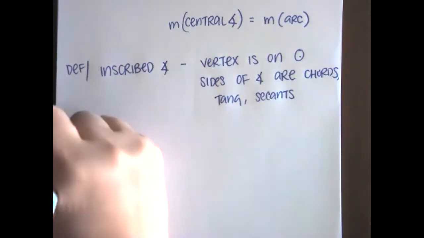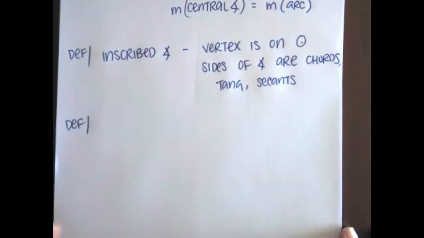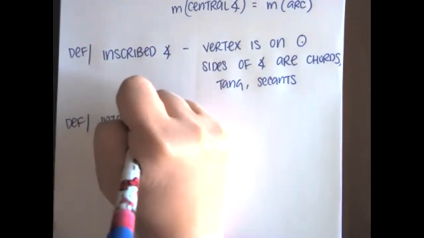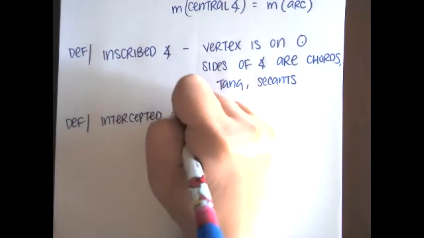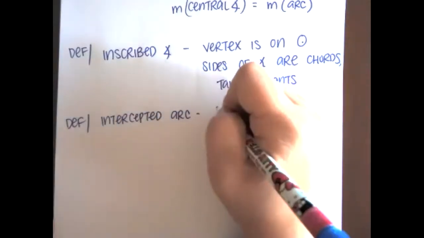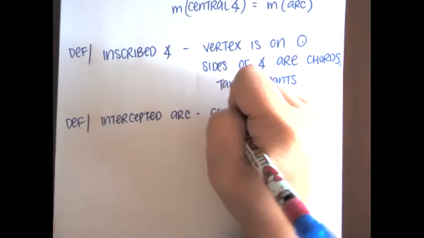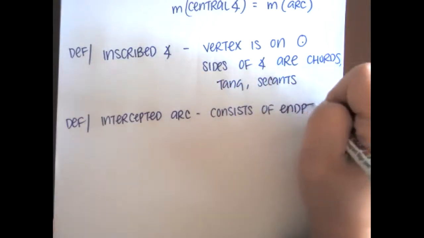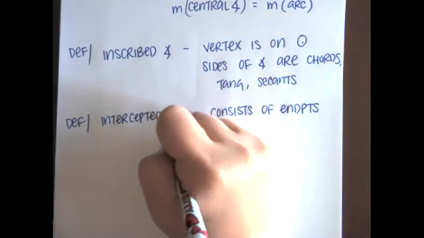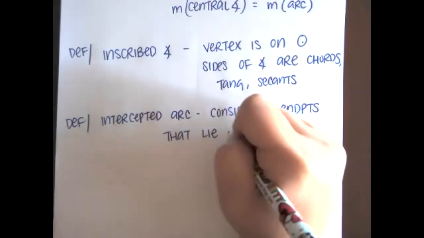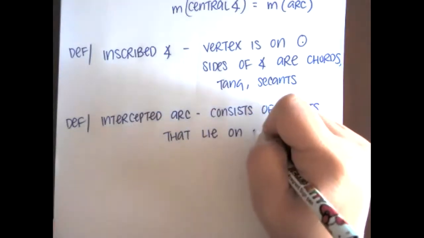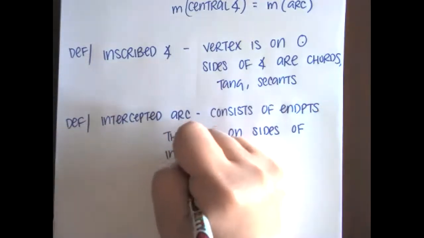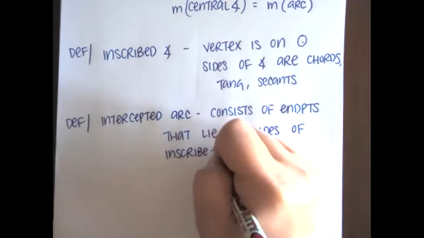Another definition, intercepted arc. An intercepted arc consists of endpoints that lie on the sides of the inscribed angle.